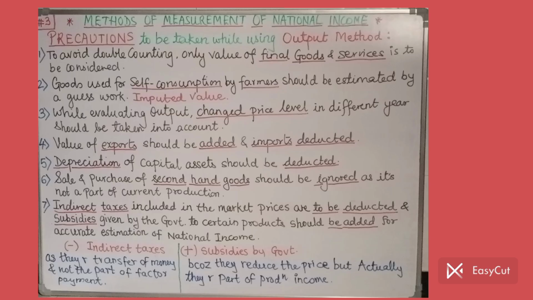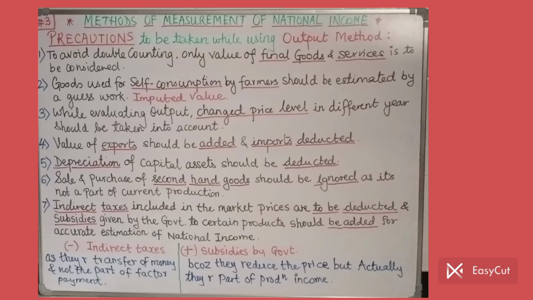Number 5, depreciation of capital assets should be deducted. I hope you understand, because depreciation means we have already used those assets, that is the wear and tear of the asset, and hence it has to be deducted because that much value the asset has lost already. So depreciation deducted. Number 6, sale and purchase of second hand goods should be ignored as it's not a part of the current year's production.